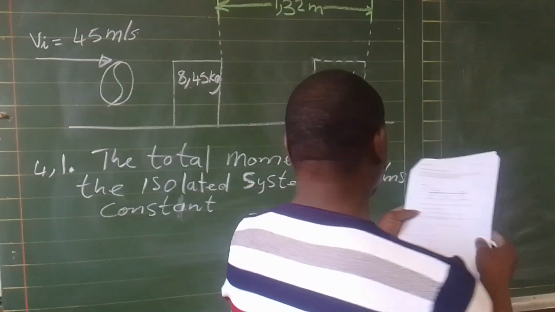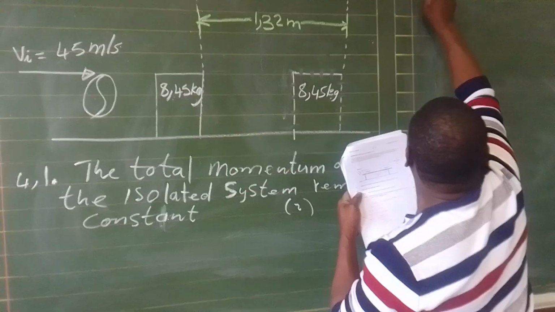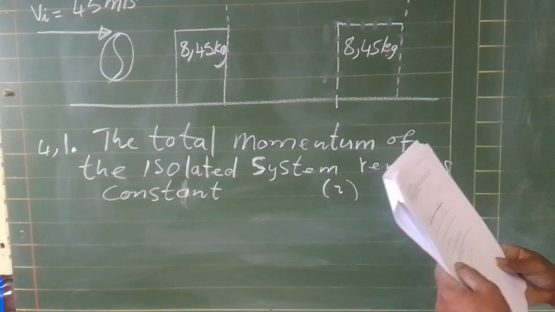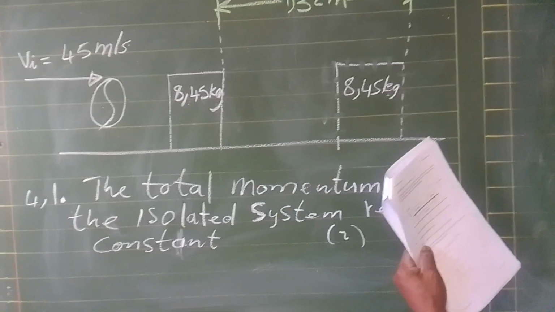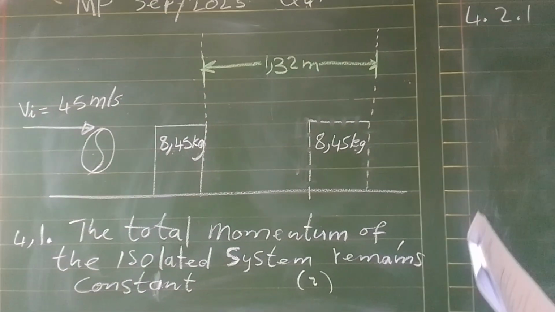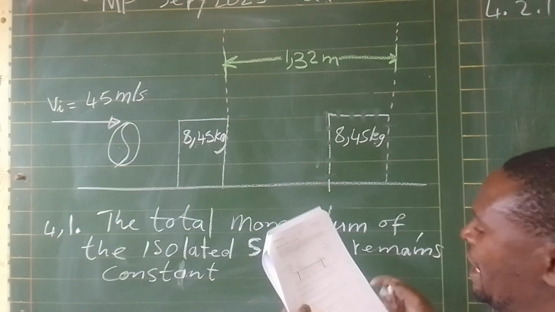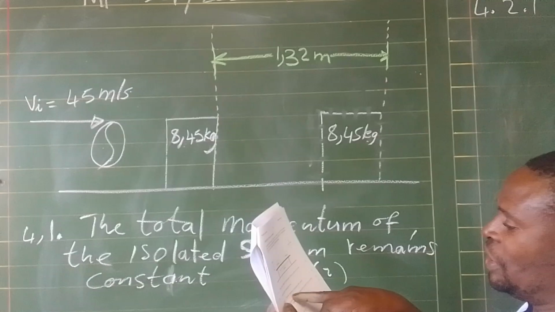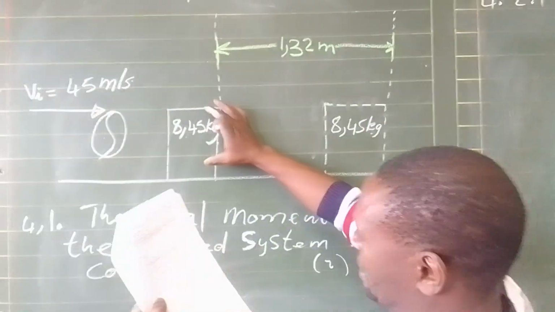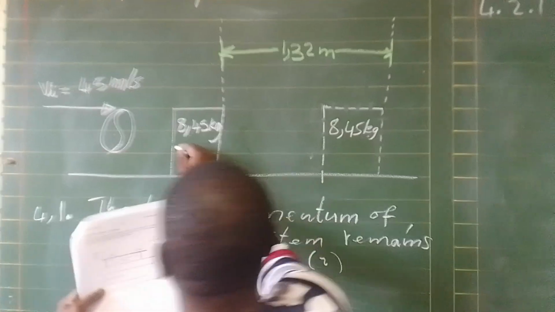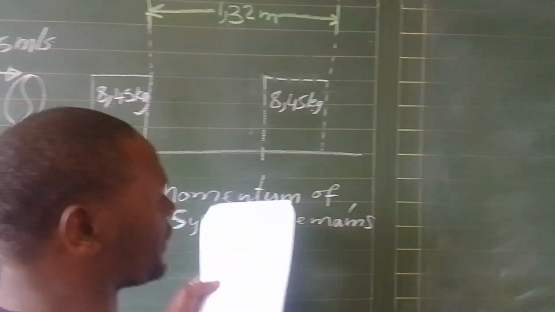The next question is 4.2. Calculate the magnitude of the velocity of the block immediately after collision. Immediately after it bounces, we must calculate that.